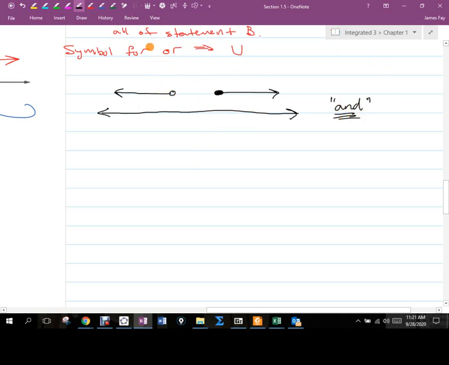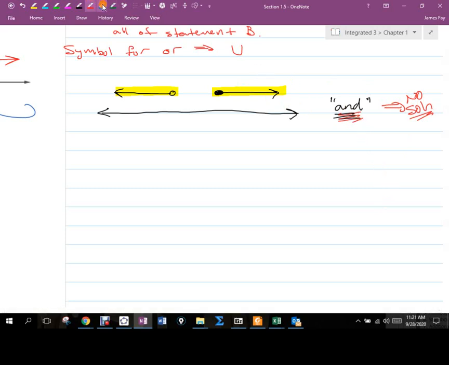Is there any intersection between these yellow things? That's what we're looking for with the word and, right? So if this was the image that we got, but the word was and, we would make that conclusion that there is no overlap, so there would be no solution. Does that make sense? Okay.